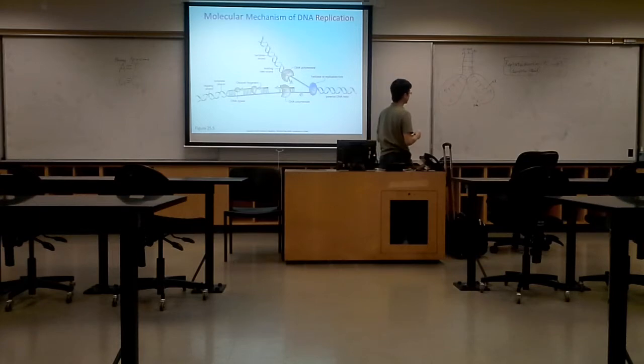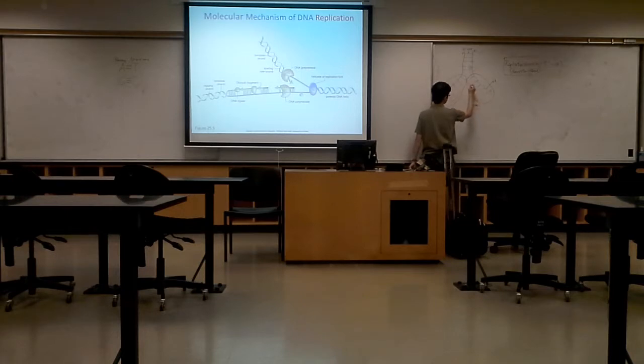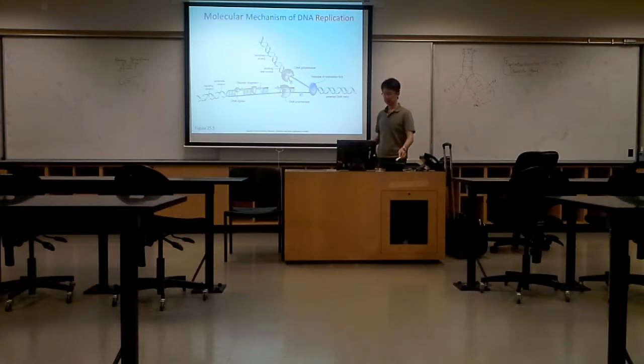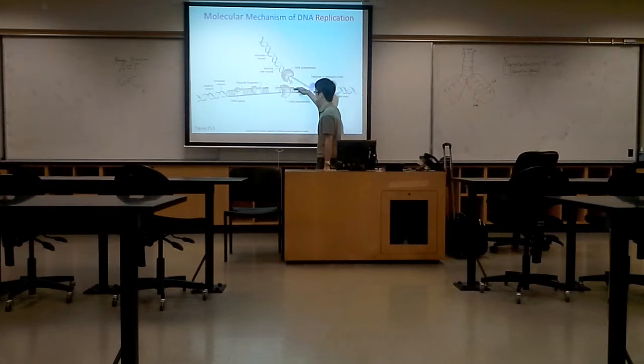So what happens is that this one, you will replicate from this direction. The replication will be from this direction. You can take a look at here. You can see that one strand is going this way, but the other strand is going into the fork.